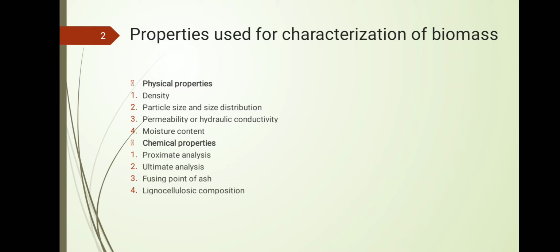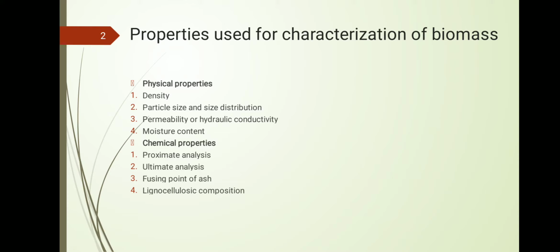So every biomass is made of lignin, cellulose and hemicellulose, which will depend upon which part of the plant we are using. For example, leaf has a particular lignocellulosic composition, but its stem will have a different lignocellulosic composition and other parts will be different, and it also varies from plant to plant.